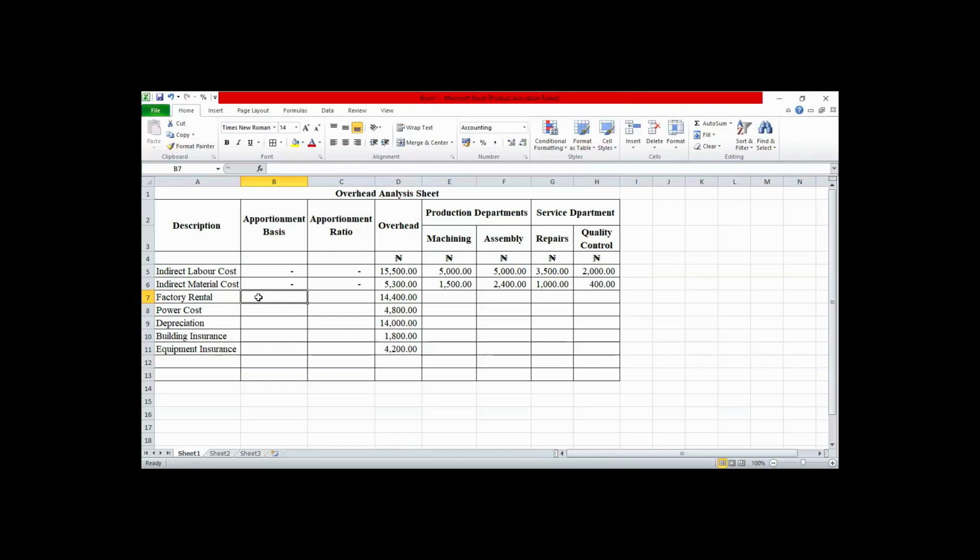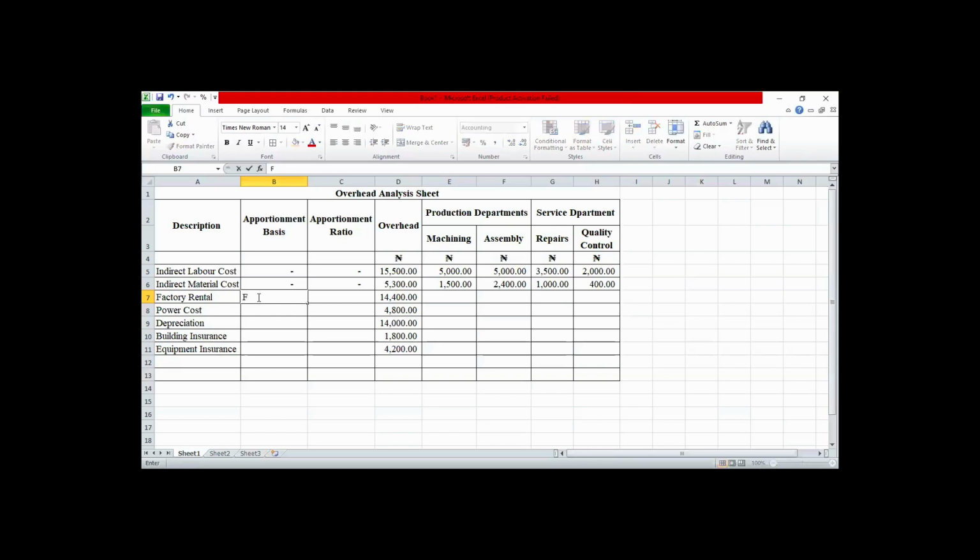What is the base of apportioning rent? Floor area. What is your floor area there? Check your floor area. What do we have there? We have 1,000. Let me put it here.